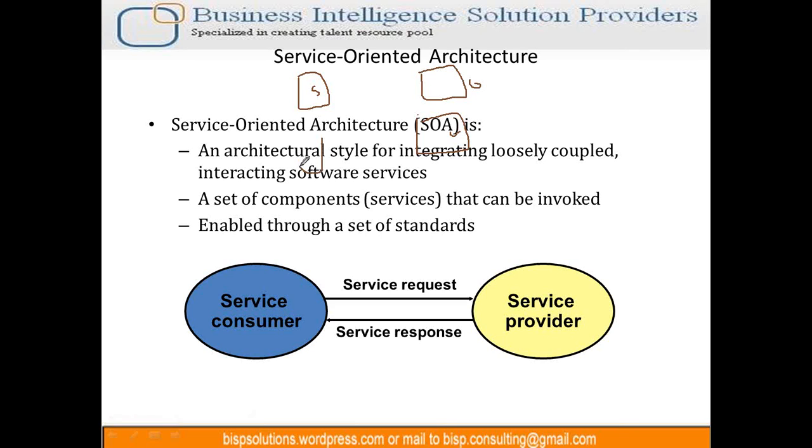So they started thinking, let's start integrating them, and they started integrating something like this. As the number of systems increased, my integration points increased, and that leads to a maintenance nightmare.